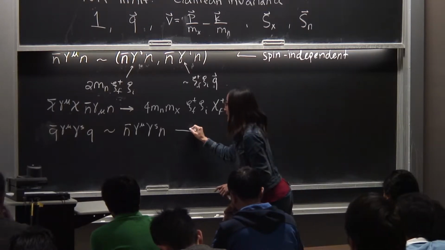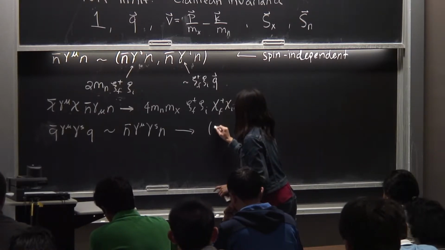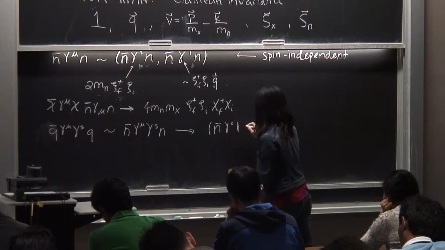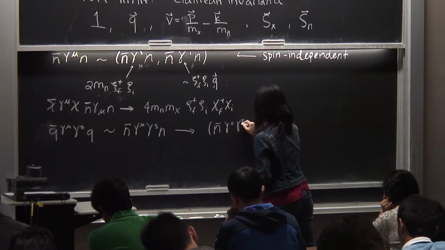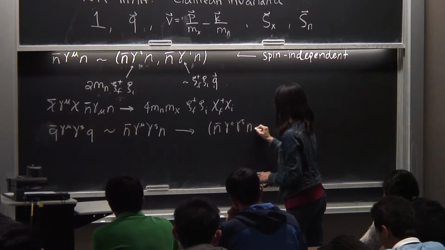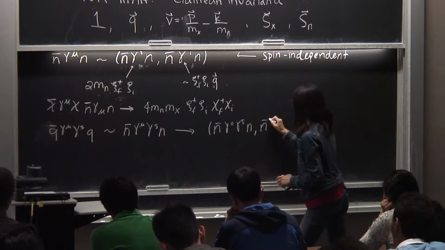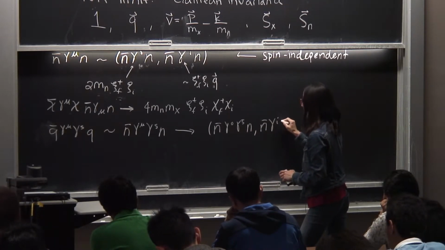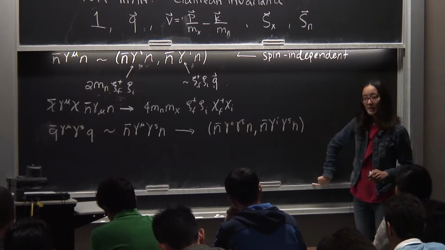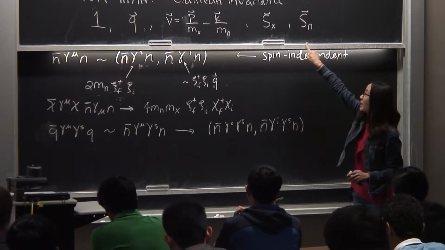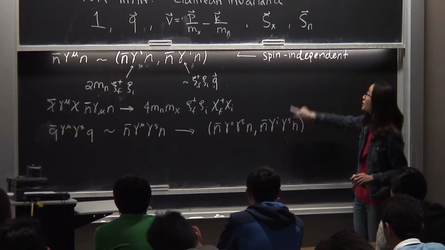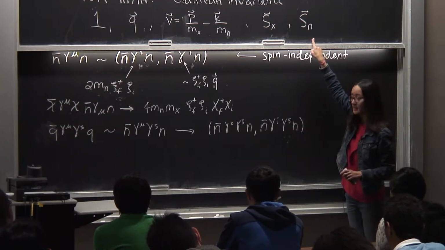And now the non-relativistic limit consists of a scalar, but it has this parity odd part, and a parity odd vector. And again, using the possible operators we have, the parity odd vector has to go into the spin now of the nucleus.